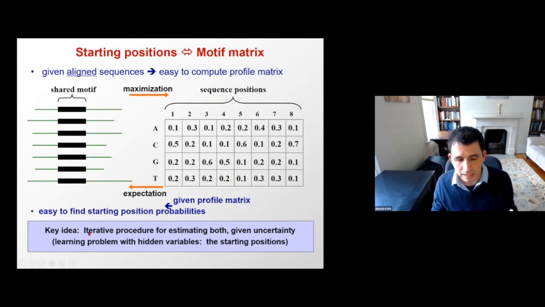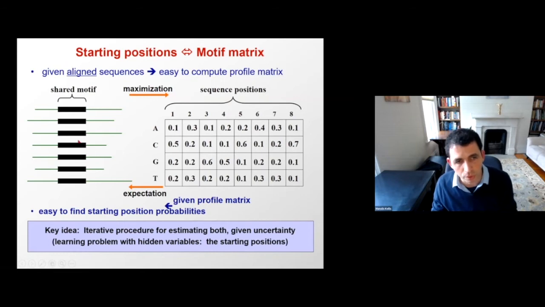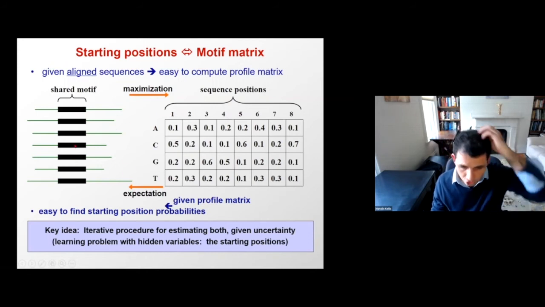So the key idea is that I'm learning through this application and this filtering through the real data, every single time pushing my motif definition to be a little closer to what the true data actually looks like.